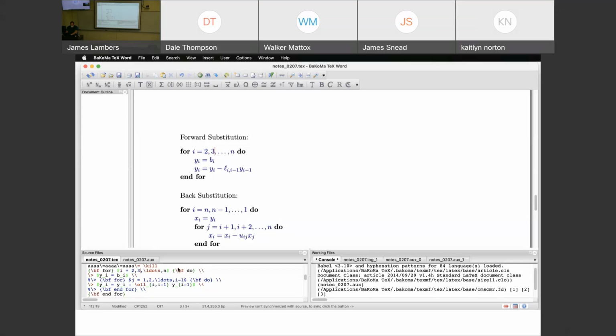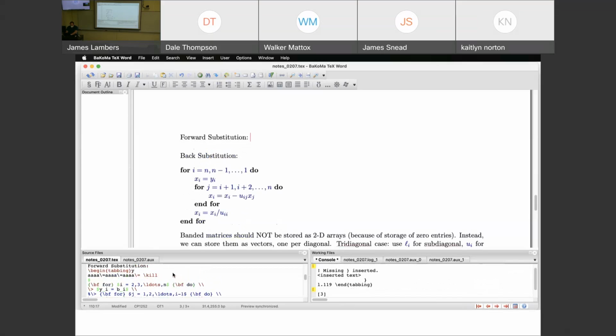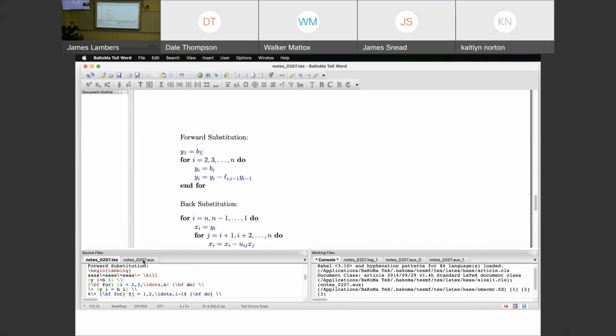And then for the case of i equal 1, I can just carry that out up here. And then I can fold these two statements together so that y_i will be equal to b_i.